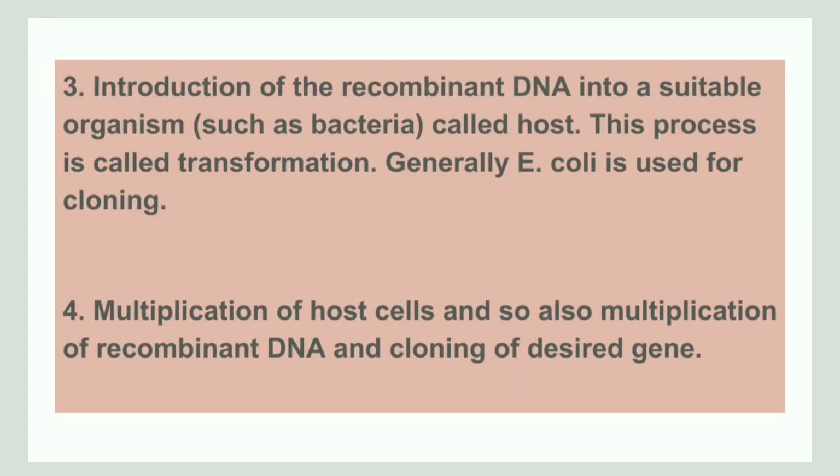The next step is introduction of the recombinant DNA into a bacterium. This is done by a process called transformation, and usually we introduce it into E. coli. After it is introduced, it is multiplied so that multiple copies of recombinant DNA are obtained. So this is about recombinant DNA technology.